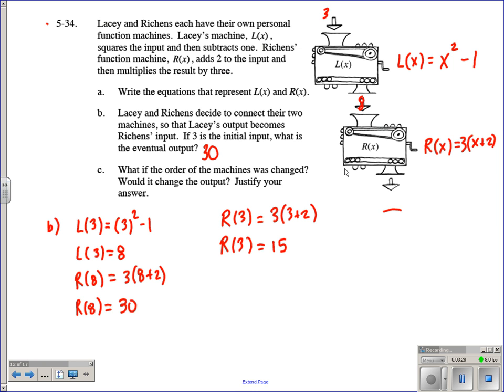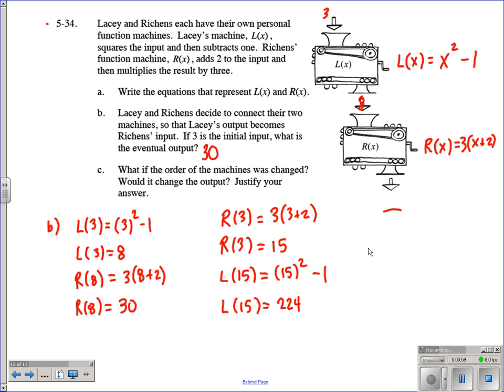So when we plug it into this machine first and then go into this machine, we're going to have 15, and then we're going to have 15 squared minus 1. 15 squared is 225, minus 1 would be 224. So was the order of the machine, if it was changed here, would it change the output?